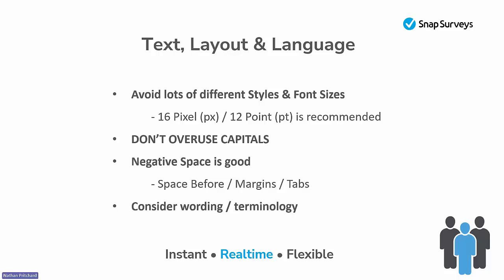So think of it as margins around different items. In Snap, you have various tools at your disposal to allocate more or less space to things. We have space before, margins and tabs, and they can also be found on the topics menu along with columns, as we saw just in the previous page.